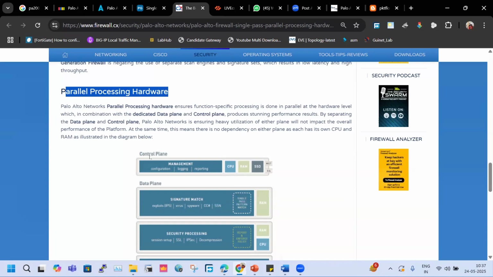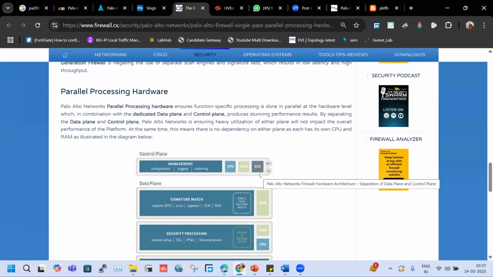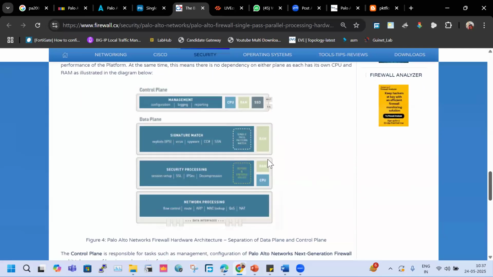Now our control plane has a dedicated CPU, dedicated RAM, and dedicated SSD, or you can say hard disk. Similarly, your data plane also has dedicated RAM, CPU, and hard disk. So what is the advantage of having different planes in Palo Alto?